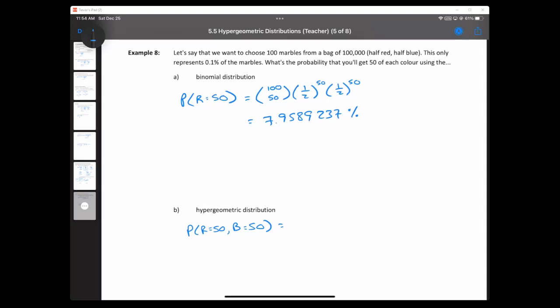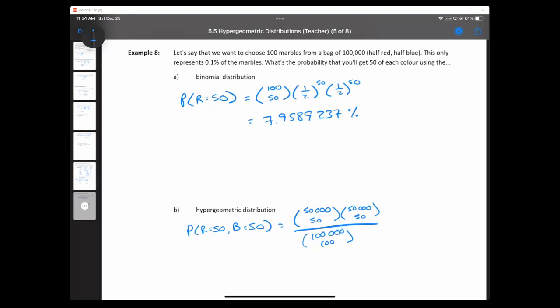But for our hypergeometric, what we're saying is with 100,000 marbles, we want 50,000 red marbles choose 50, and then 50,000 blue marbles choose 50, over 100,000 marbles choose 100.